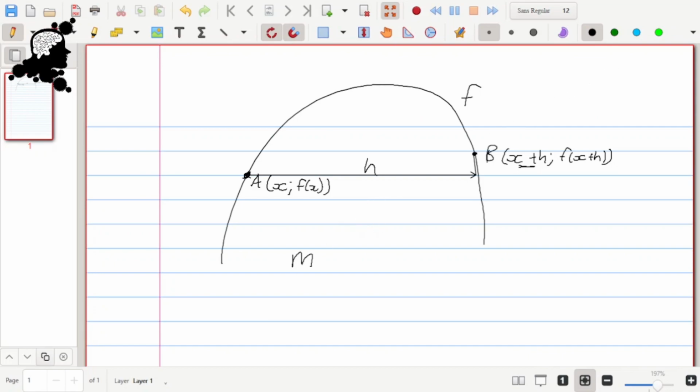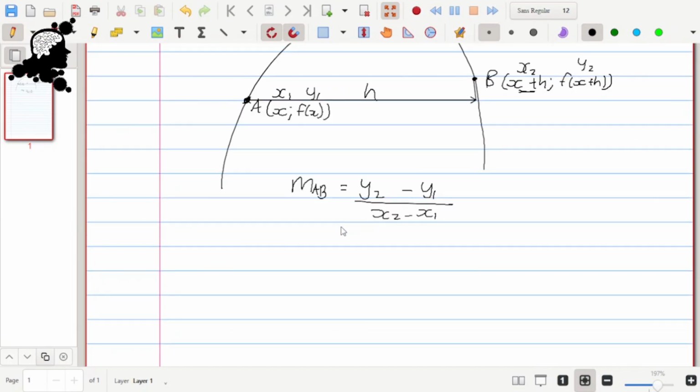Now, let's calculate the gradient. The gradient of AB, when we use the normal gradient formula, is y2 minus y1 divided by x2 minus x1. Or you could say y of B minus y of A divided by x of B minus x of A. Now let's see what we would come up with if we substitute these coordinates into our equation.